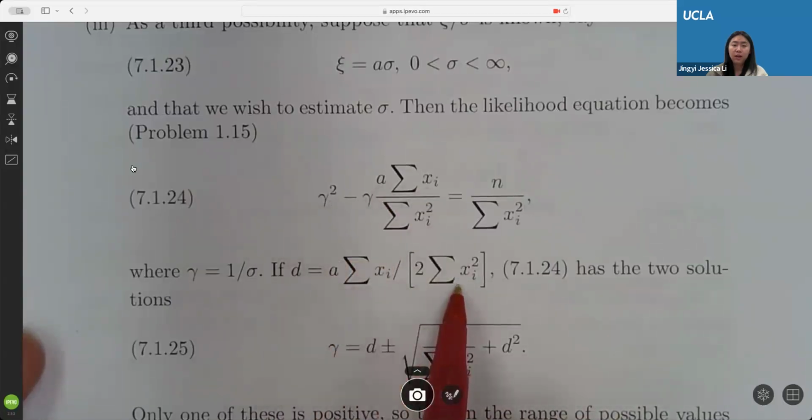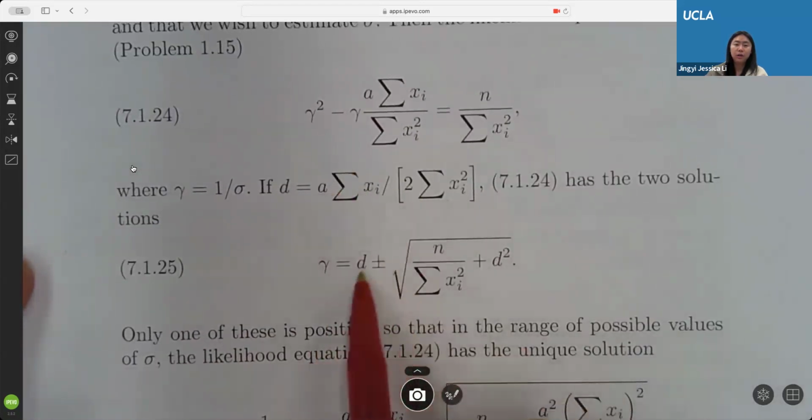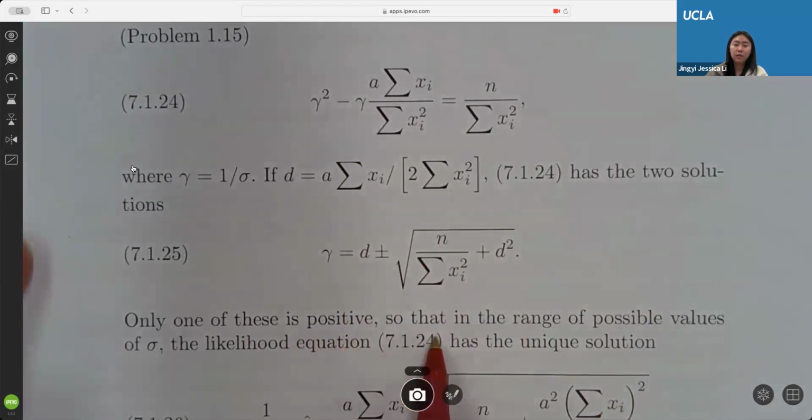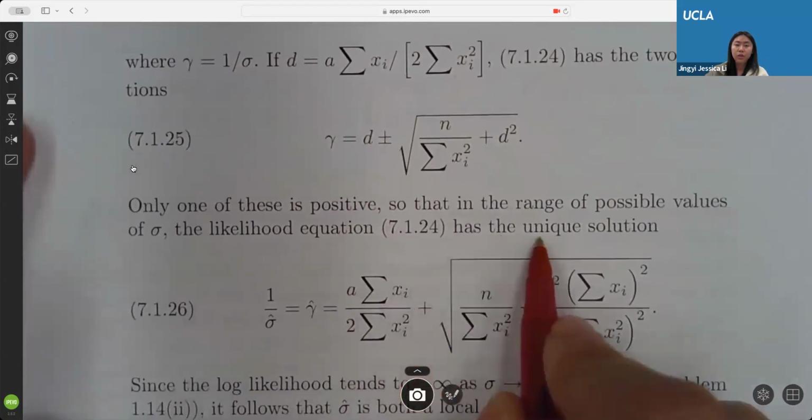And you can show that this equation has two solutions, where D is just a notation as well. Only one of these is positive. In the range of possible values, sigma must be positive, so we can pick only one of them. Then the likelihood equation has the unique solution.